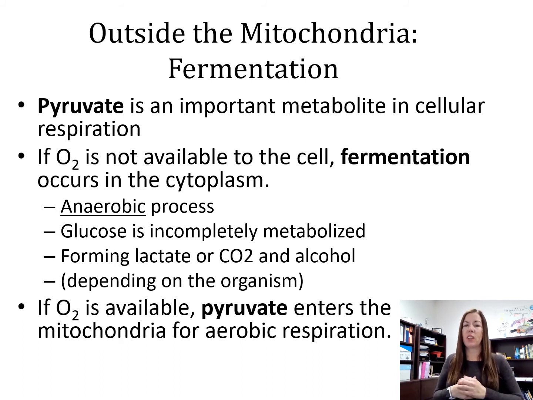So fermentation happens in the cytoplasm, and it is an option that's out there. It's anaerobic, so you don't need oxygen. So even if oxygen isn't there, the process can still work. The glucose gets kind of incompletely metabolized in this process, and unfortunately you make lactate or alcohol, which are both toxic for the cell.